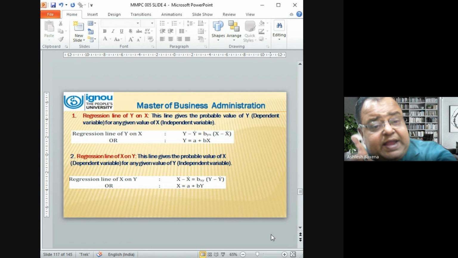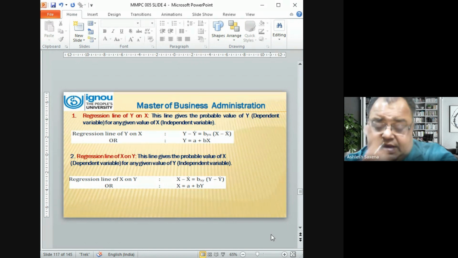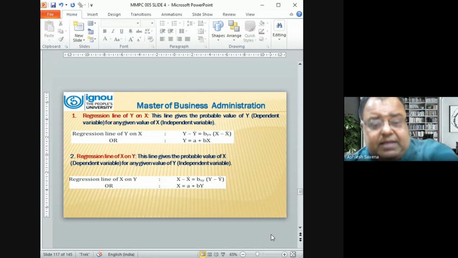That is mathematically formed by y − ȳ = byx(x − x̄). See the terms, how it is written. It is similar to a straight line of the form y = a + bx.